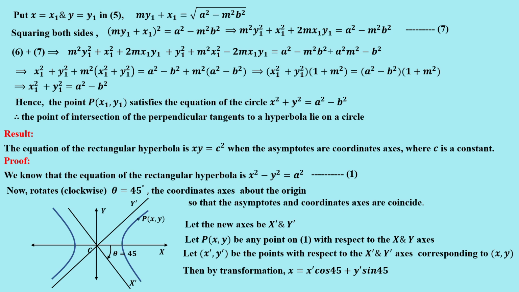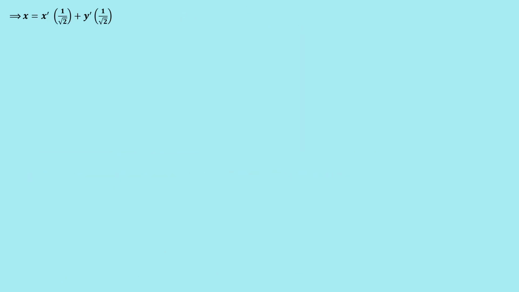Because theta is 45 degrees, sin 45 is 1 by root 2. Substituting the value, x is equal to 1 by root 2 times (x dash plus y dash).